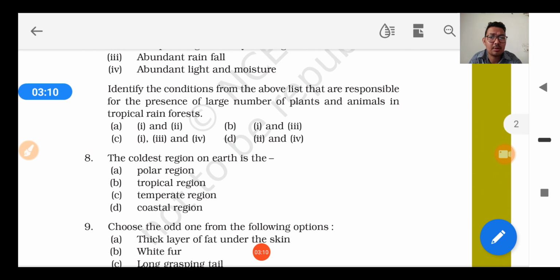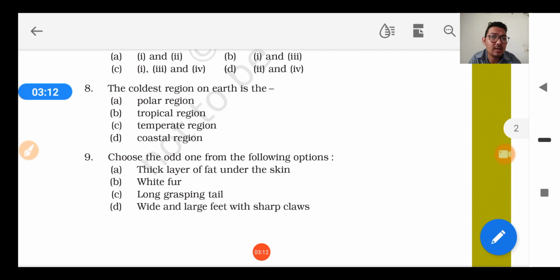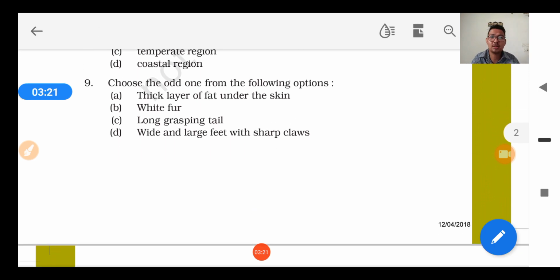Now coming to question number 8. Coldest region on the earth is very easy, polar region. Question number 9. Choose the odd one from the following options. Thick layer of fat under the skin, this is a feature of the polar bear. White fur, this is again an adaptive feature of the polar bear.